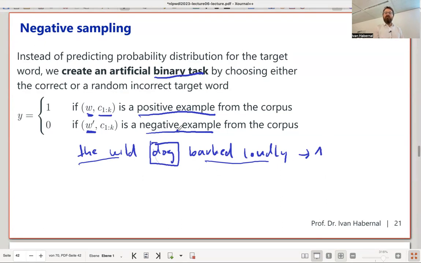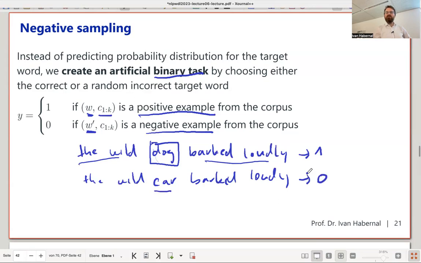And now I'm going to create a negative example. For example, I'm going to replace the dog with some other word, something else, like, I don't know, car. So the wild car barked loudly. It doesn't have to be a noun even. It's going to be 0. I just replace the target word with something random.